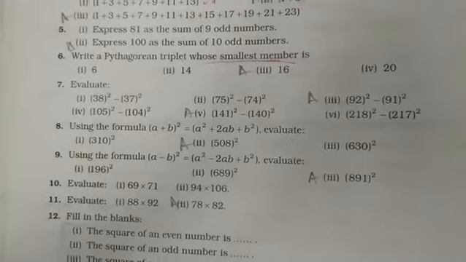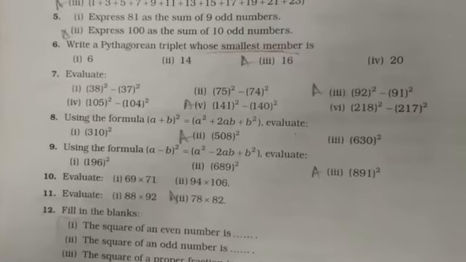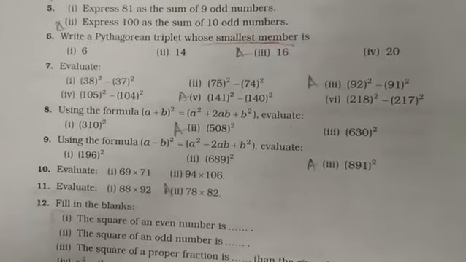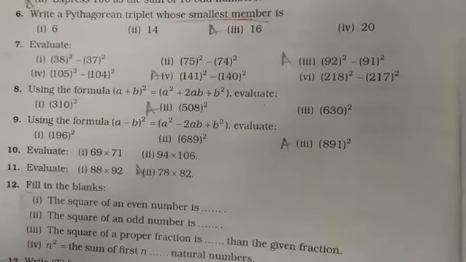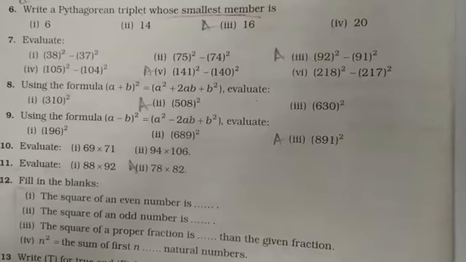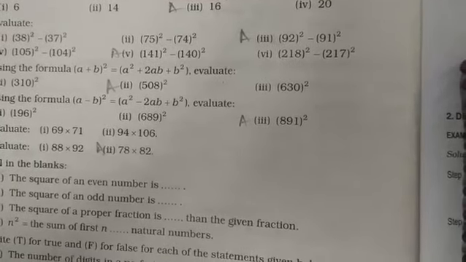Now your question number 7 is evaluate. First one is 38 square minus 37 square. Now look here, these are two consecutive numbers. The difference of the squares of two consecutive numbers, I think this is property 8 we have done.